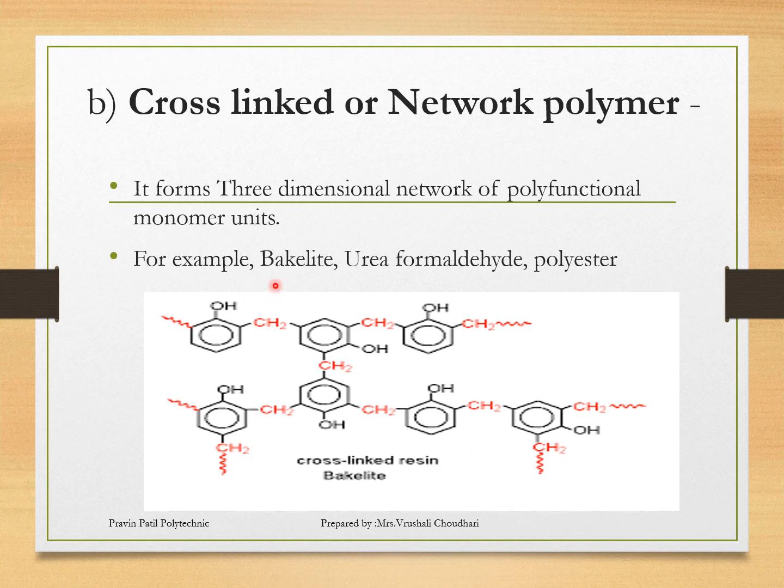Examples are bakelite, urea formaldehyde, polyester. It is a stronger bond compared to the linear structure because it is bonded in all directions. In a linear structure, it is bonded in only two directions, while here it is three-dimensional.